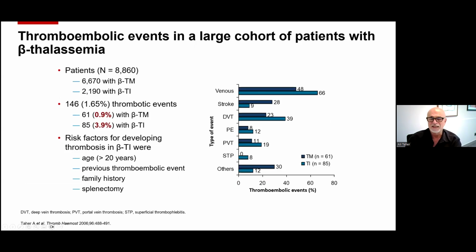From an old study that we have done on around 8,860 patients, once again showing that these patients are more thrombogenic than the TDT or thalassemia major patients.